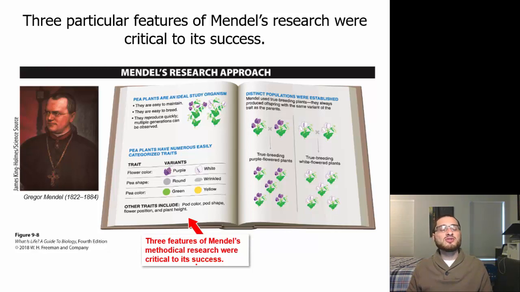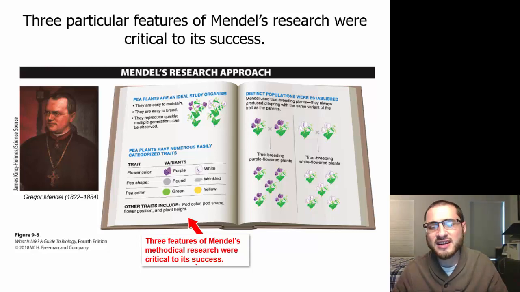So you wouldn't want to do experiments like this, especially early on in the mid-1800s, on an elephant. An elephant lives a very long time. They only reproduce so many times in their life. It takes them about 2 years to have an offspring. So that's not a good example. But pea plants make it very easy.